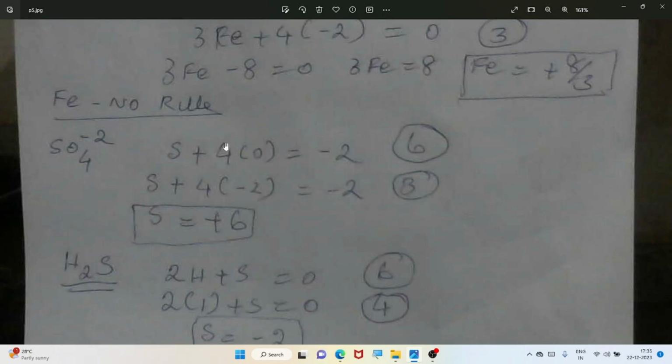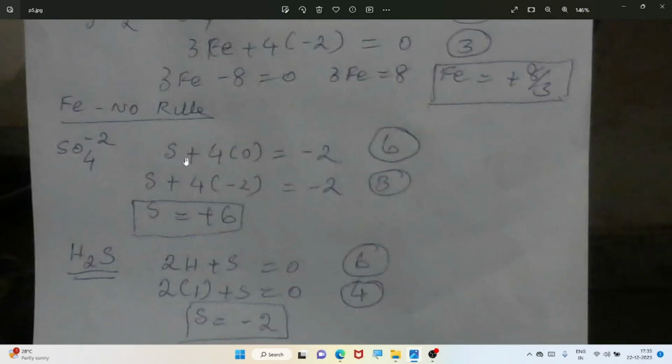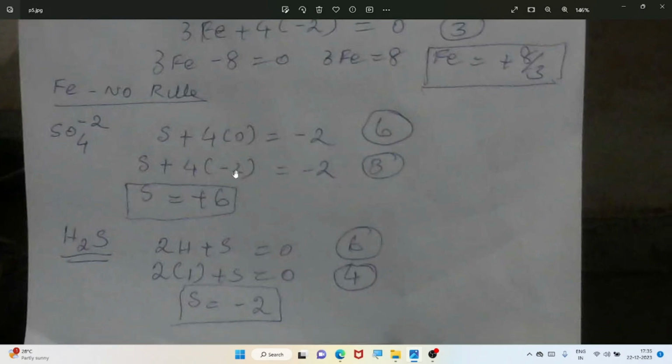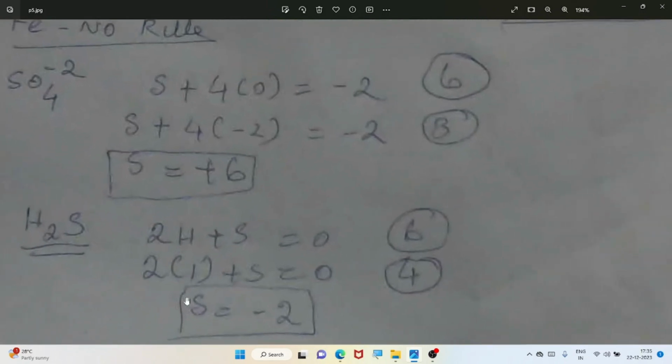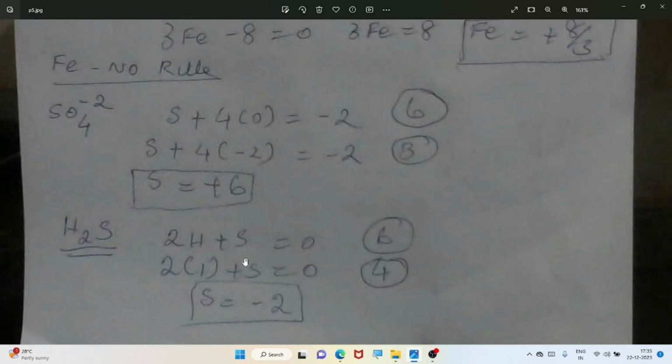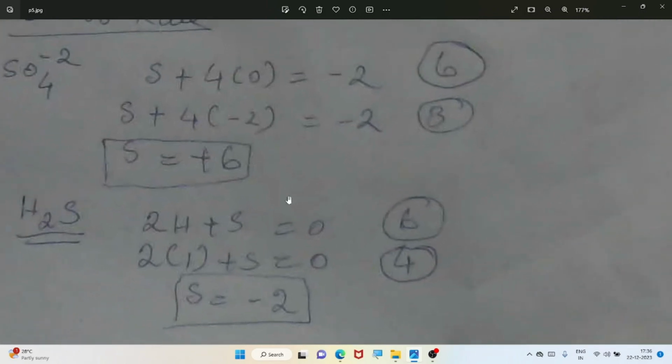This is again based on rule number 6: the sum of the oxidation numbers is equal to the net charge, negative 2, for the polyatomic ion. Here in H2S, we use the hydrogen rule. Hydrogen is plus 1 with non-metals and negative 1 with metals. So using the hydrogen rule we find sulfur is negative 2.